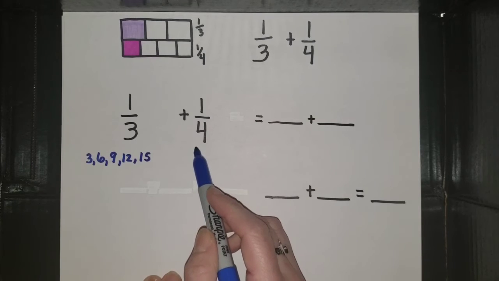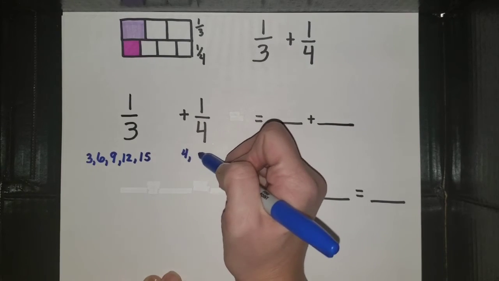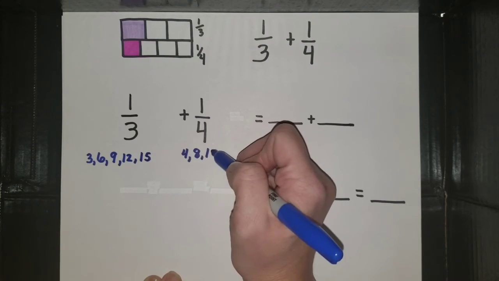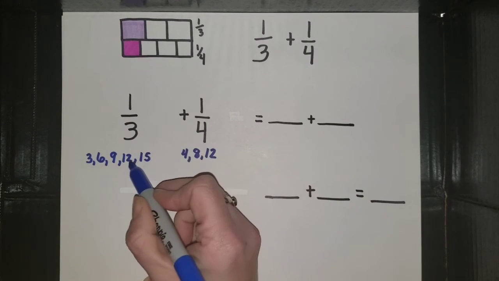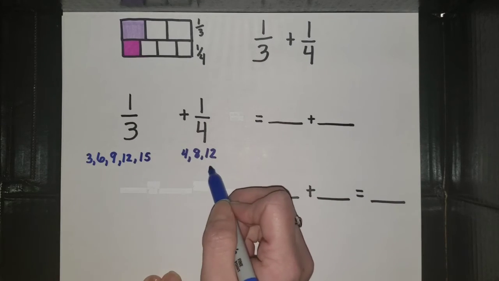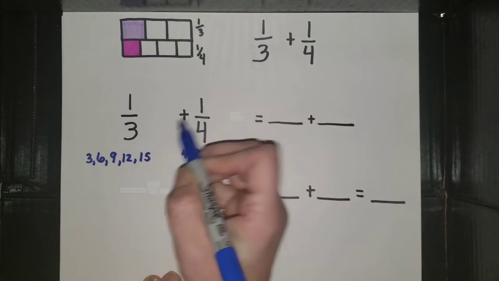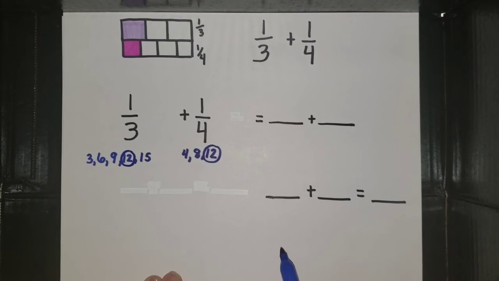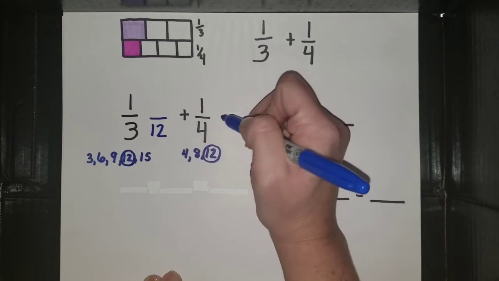And then when I think of 4, 4 times 1 is 4, 4 times 2 is 8, 4 times 3 is 12. Oh wait, I wrote 12 over here too. I don't need to continue this list. So 12 is the least common multiple of 3 and 4. And now 12 will be my new denominator.